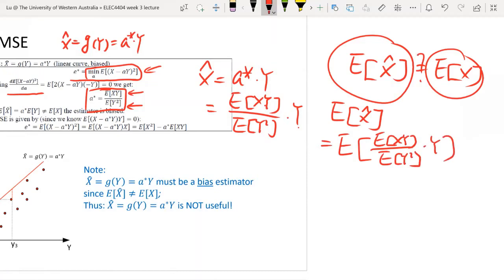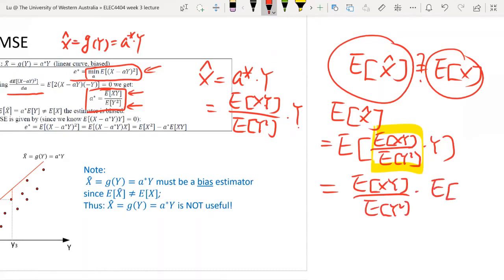Inside of the expectation, this term should be a constant, because we said the expectation of a variable is actually constant, right? So this one gives us E[xy] divided by E[y squared]. We move this one out of the expectation. Then inside of the expectation, there is only one single y left. You see.